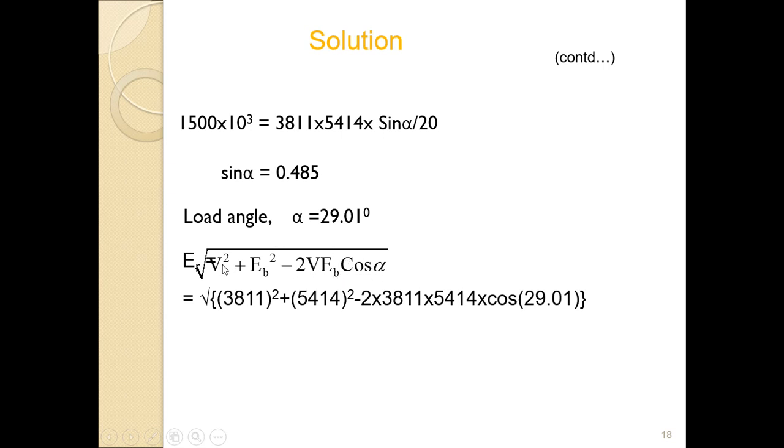We know all values. We know the V value, we know the EB value, and we know the alpha value, where V is equal to 3811.